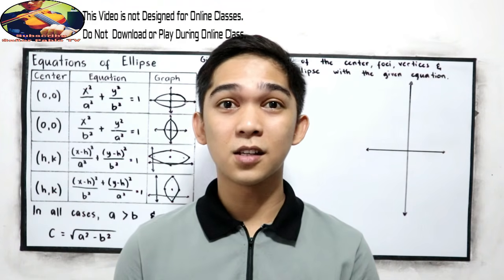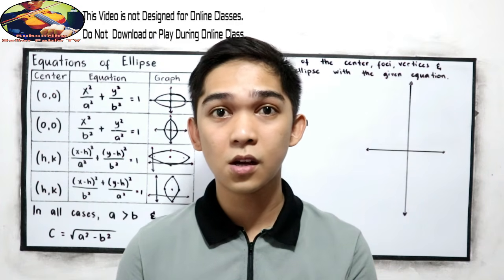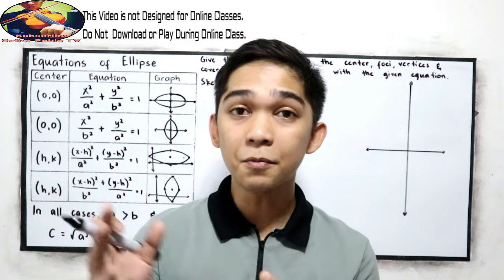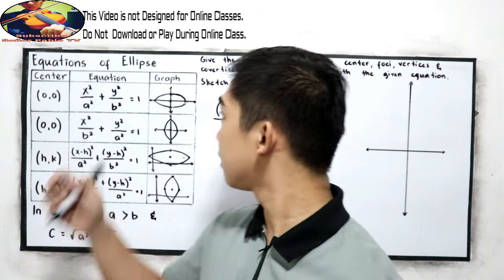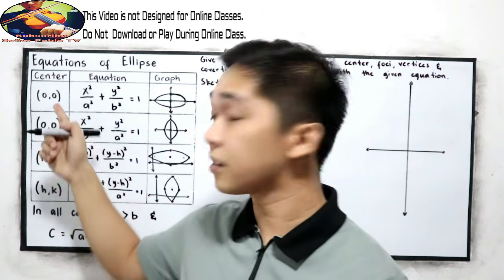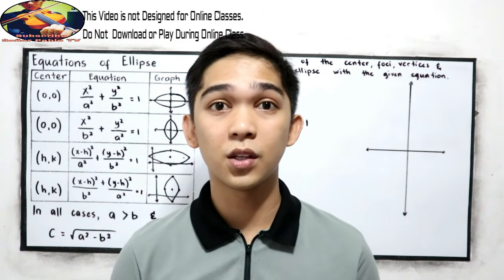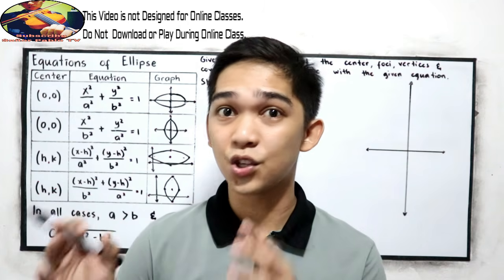After discussing how to find the foci, center, vertices, co-vertices of an ellipse in our equation in the center 0, 0, now what if the given equation is in the center HK?